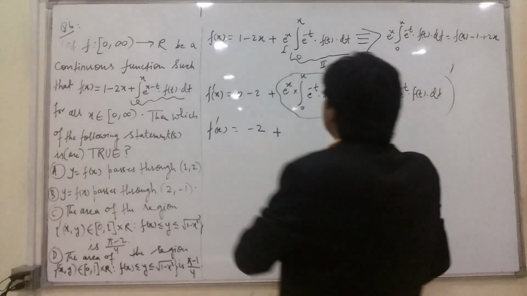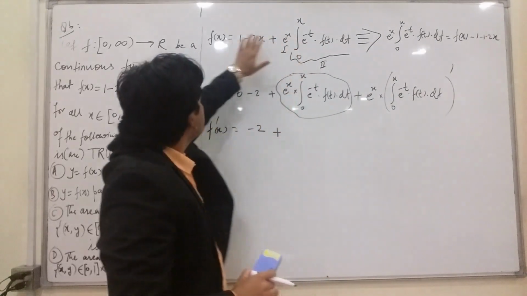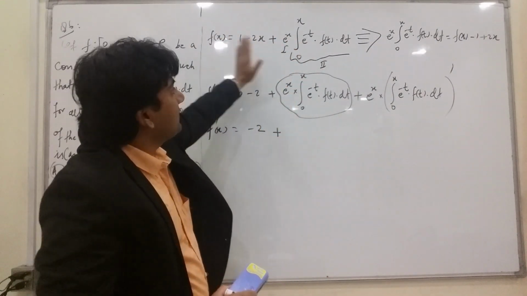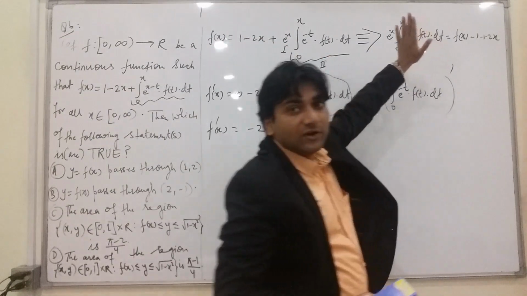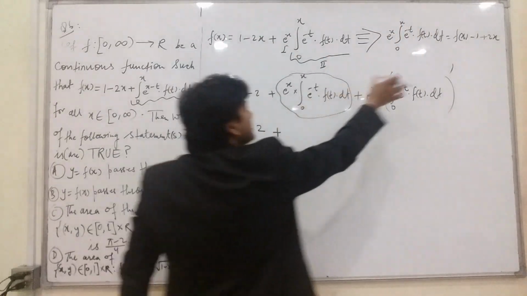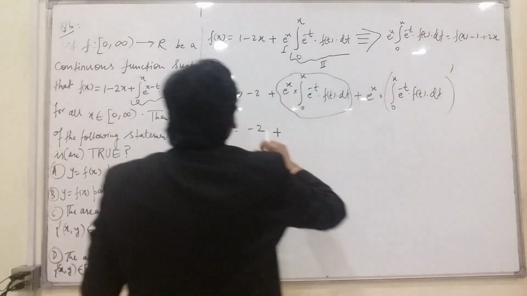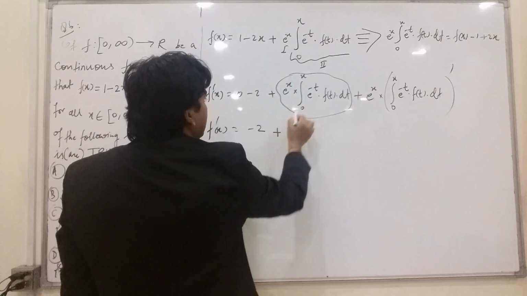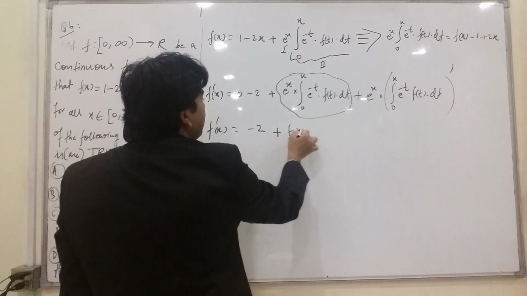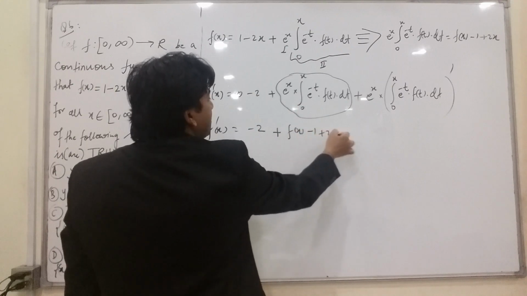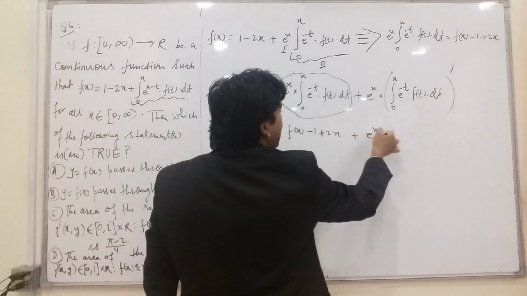So only this much equals f(x) minus 1 plus 2x, which I have written here. Okay, now replace this with this. So instead of this you will write f(x) minus 1 plus 2x, now plus e raised to x.